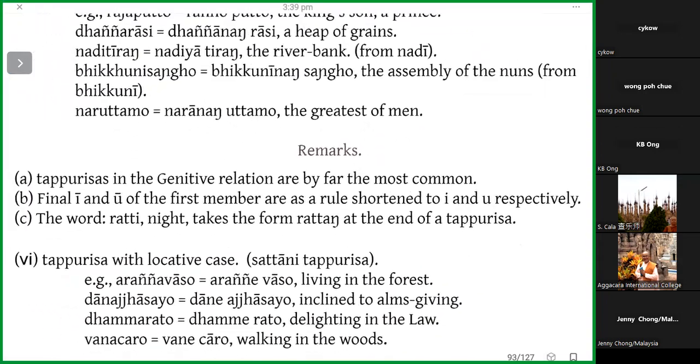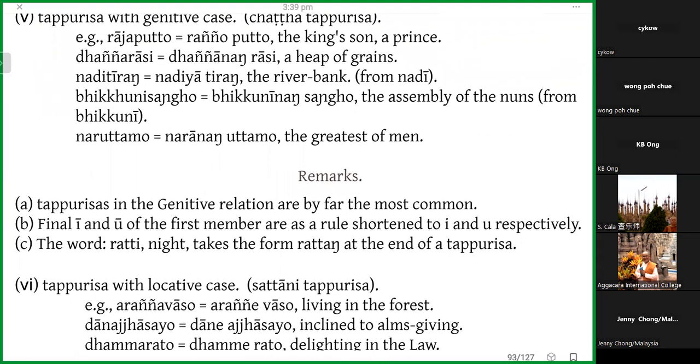Now you can see here, we read the remarks A, B, C. Remark A: Tappurisas in the genitive relation are by far the most common. Final E and U of the first member are as a rule shortened to E and U respectively.